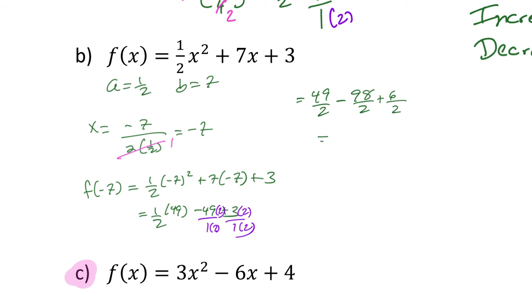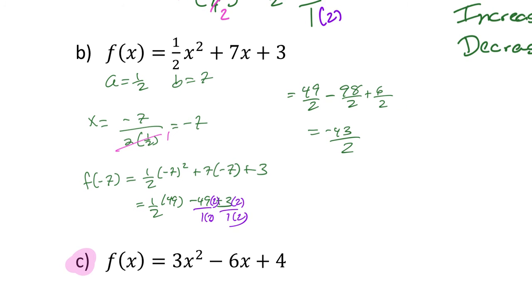So -43 over 2. Okay, so that means that right here, A is positive, so this has a minimum value at y equals -43 over 2. Okay. Domain, again, is all real numbers. Range, this is the minimum, so that means that y is going to be greater than or equal to -43 over 2.